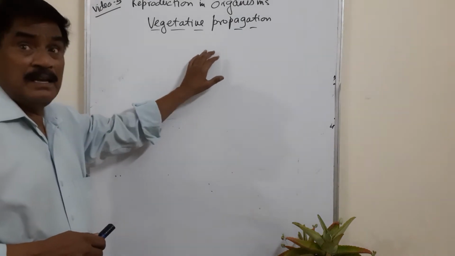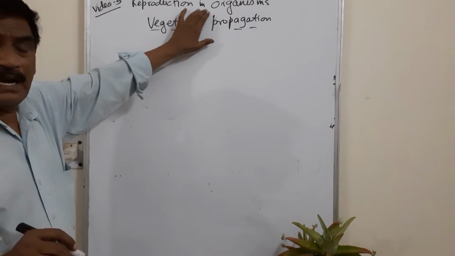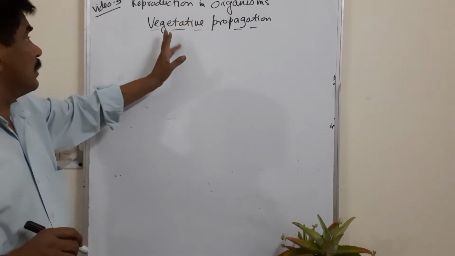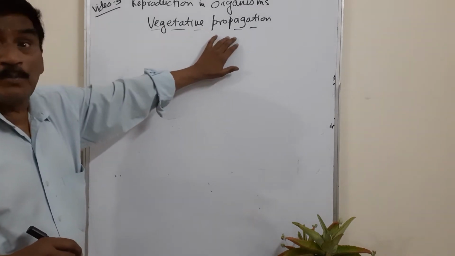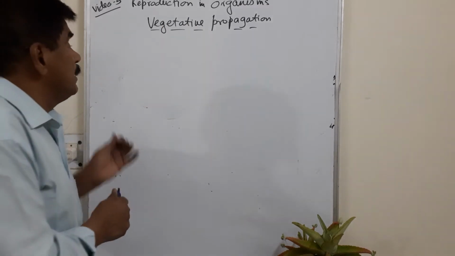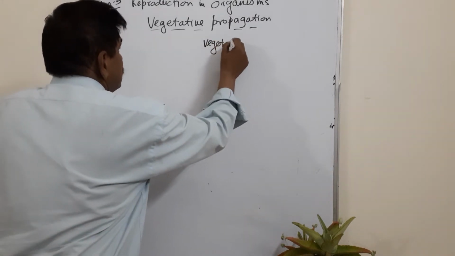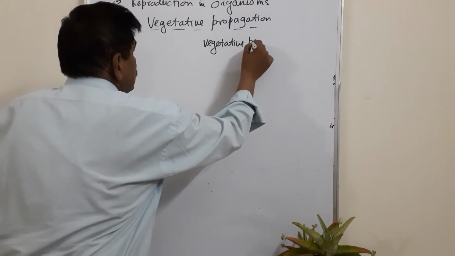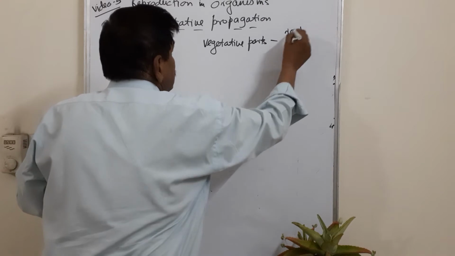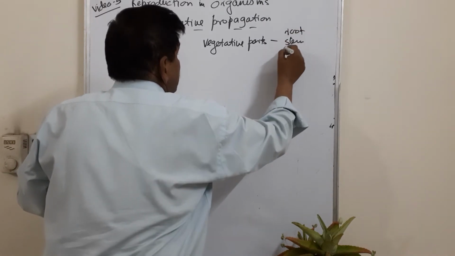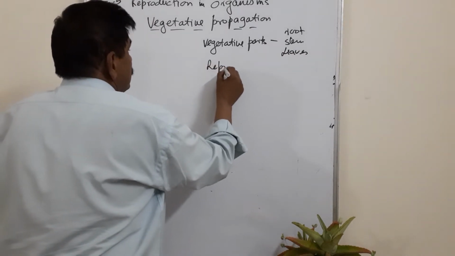So friends, in continuation with reproduction in organisms, the first chapter of your +2 syllabus, regarding asexual reproduction, we have to go through vegetative propagation. You know, a plant has vegetative parts, say the root, stem, leaves, and reproductive part.